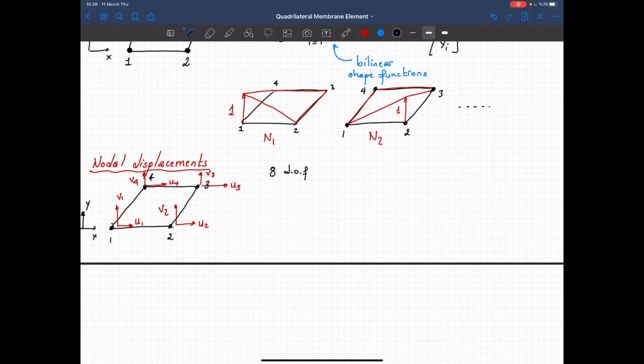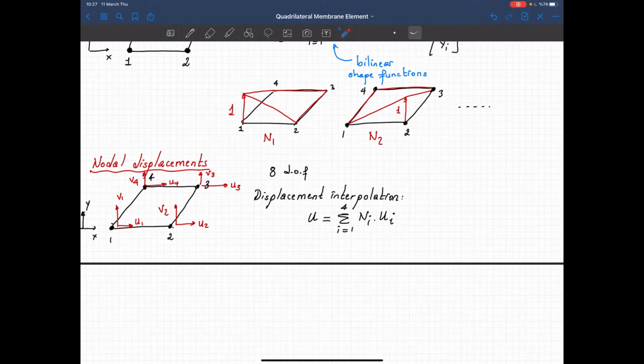At each node we have 2 degrees of freedom, and again, for interpolating these nodal degrees of freedom, I will be using the bilinear shape function. So the displacement interpolation: u is equal to the sum for i equal to 1 to 4 of Ni multiplied by ui.